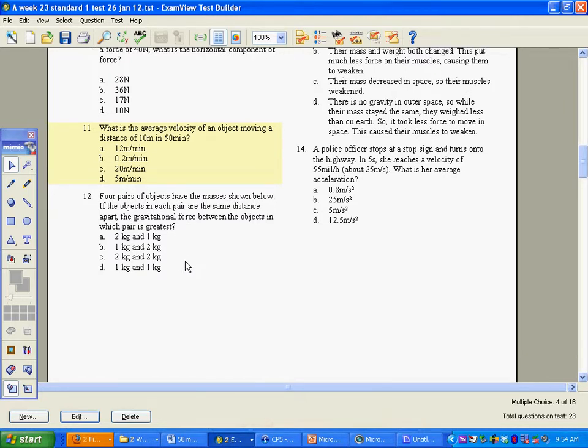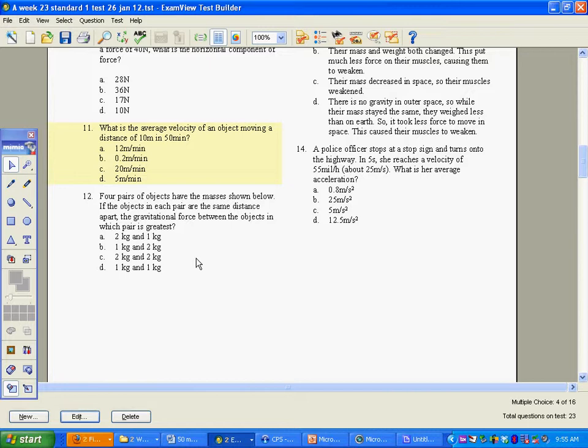Four pairs of objects have the masses that are shown below. Now remember, what is the big important thing with the Universal Law of Gravitation? It's not necessarily remembering what the great big G stands for. But what's the big important thing you learned about universal gravitation? Okay, then somebody tell me, look in chapter, I think it's 7, to tell me what is the universal law of gravitation. Remember, it's one of those overarching concepts that you're going to see in electricity.